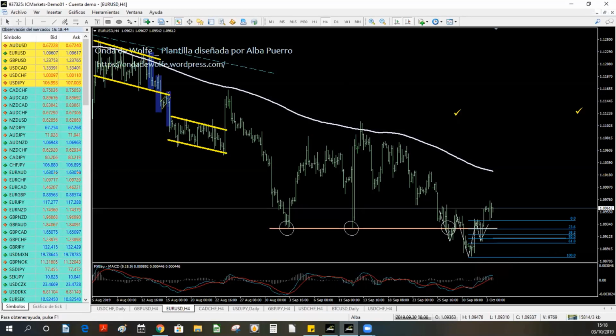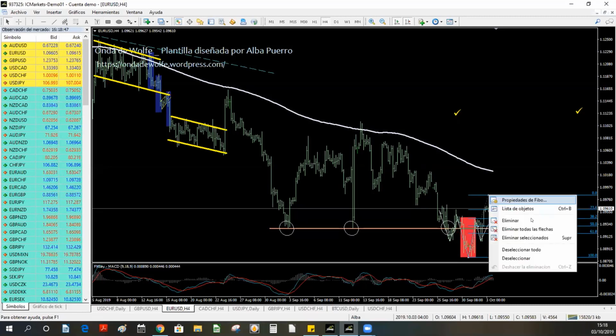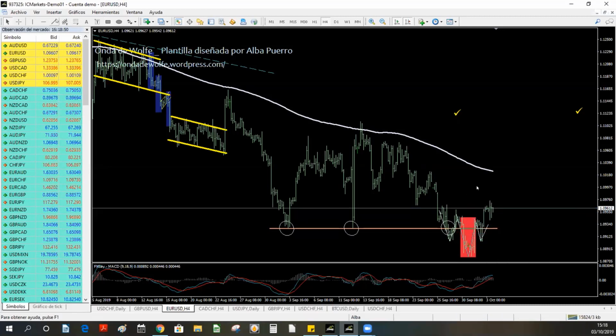So if we project this little baby, because it has broken the neckline and has bounced right now, this movement is very good for the euro dollar. The projection will be over here, the 1.10 area.